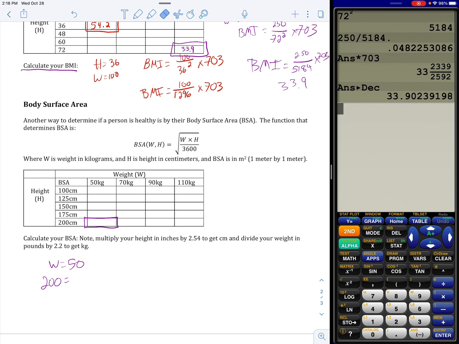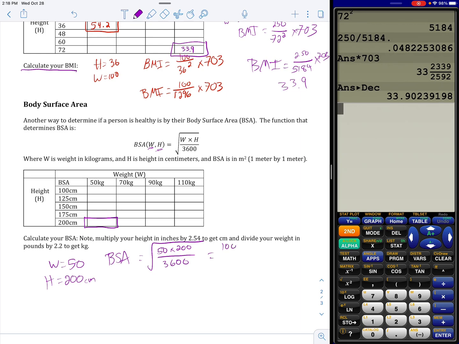The height is 200 centimeters. So BSA, which is a function of weight and height, is the square root of 50 times 200 divided by 3,600. So we do the whole numerator, then the whole denominator, then we divide, then we take the square root because that's a grouping symbol.